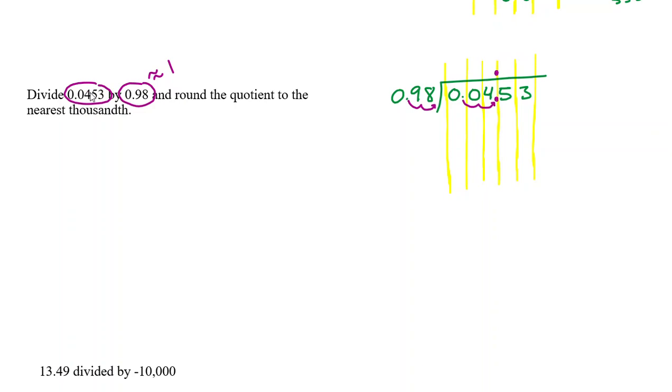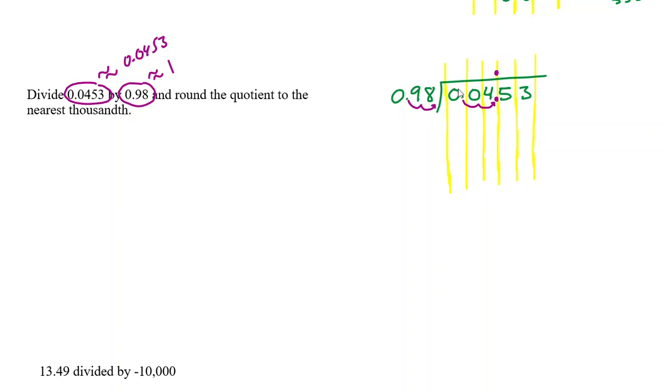So I'm dividing something by 1. So I expect that the answer is going to be really, really close to 0.0453. It's going to be close to that. So let's see if that bears out.